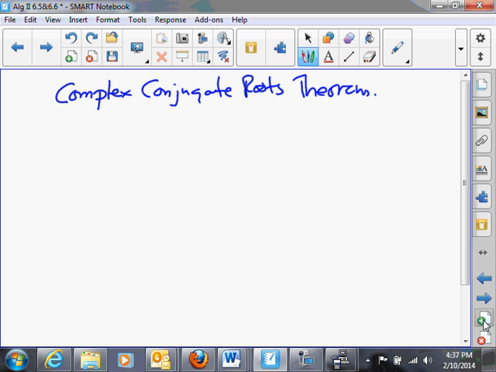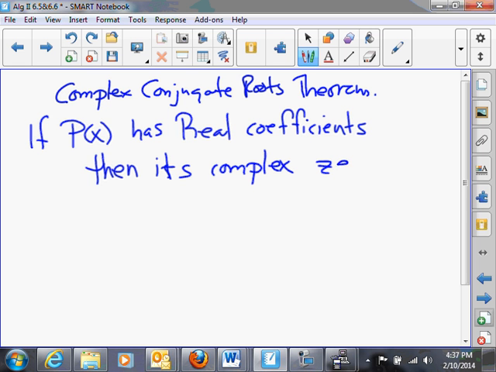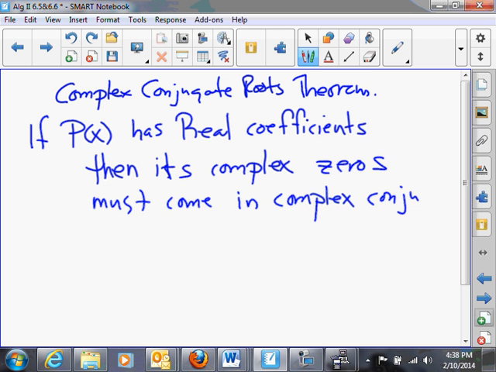Okay, now, if a polynomial has real coefficients, then its complex zeros must come in complex conjugate pairs.